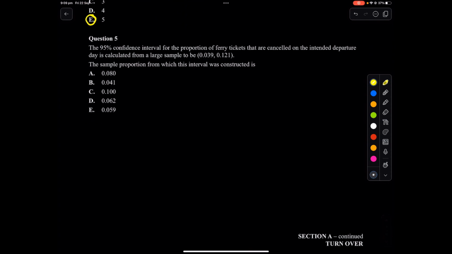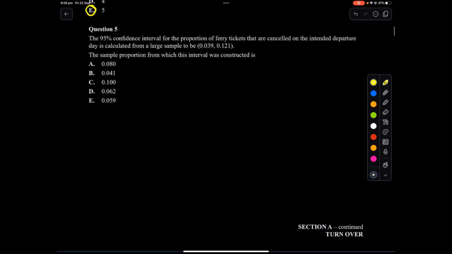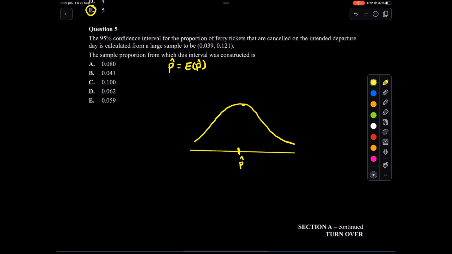Question 5. The 95% confidence interval for the proportion of ferry tickets that are cancelled on the intended departure date is calculated from a large sample size to be this. The sample proportion from which this interval was constructed is what? Now, we all know that the sample proportion is actually equal to the expected value of that sample proportion. So if I was going to draw a nice normal diagram over here, our mean value is your p hat.